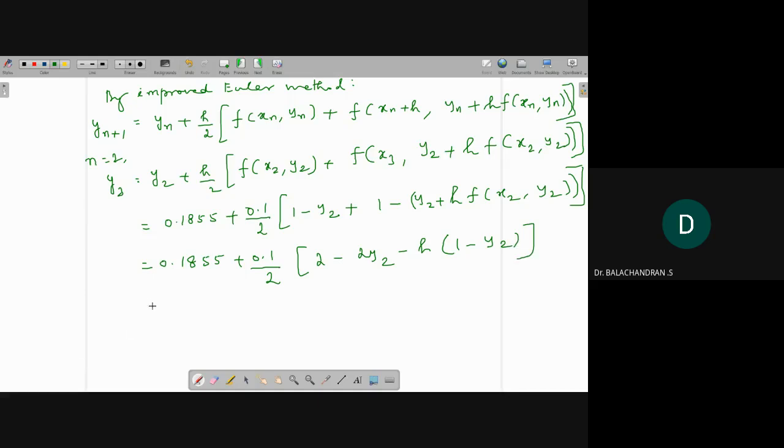So this is equal to 0.1855 plus 0.1 divided by 2. Here h is 0.1, so you can directly substitute here. Otherwise, 2 minus 2y2 minus h minus hy2.